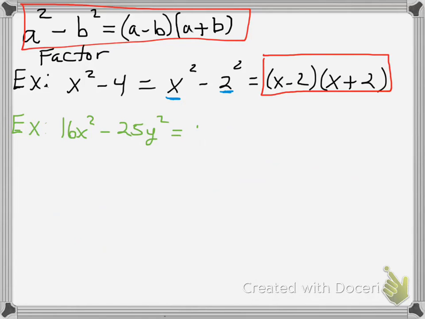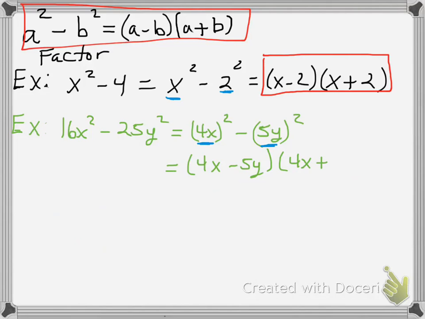So we can write 16x squared as 4x quantity squared, and 25y squared is 5y quantity squared. And then again, here's my a, the 4x, here's my b, the 5y, and that's going to factor into 4x minus 5y and 4x plus 5y. Okay.